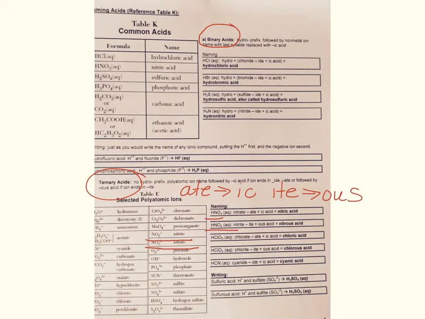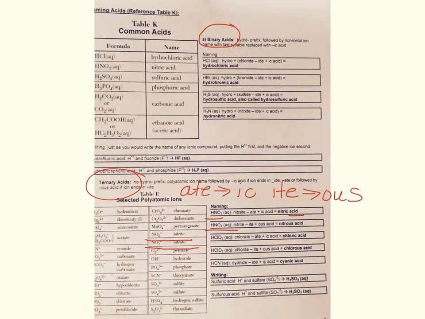So nitrite becomes nitrous, and this is nitrous acid. So notice, even though all of these start with H, we're not saying hydro. We're not naming the H. The way that we know the H is being accounted for is by the end of the name, the acid. The word acid infers that it starts with H.